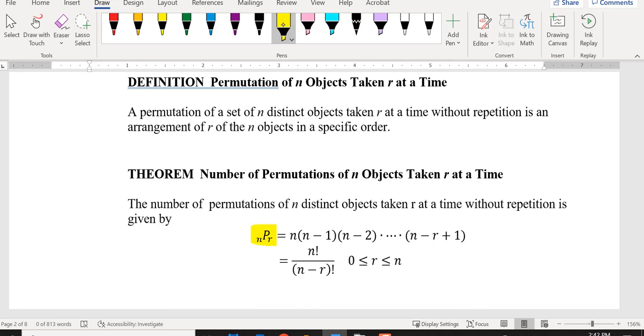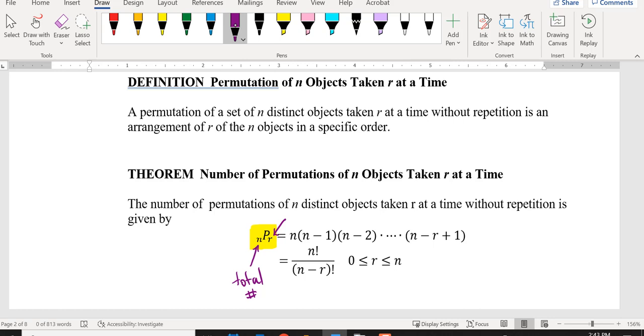Okay, look at the notation. Permutation of n choose r. The number n goes on the left. That's the total number of objects, right? Total number. And the r is on the right, and that's how many you want to pick. That's how many you want to take.